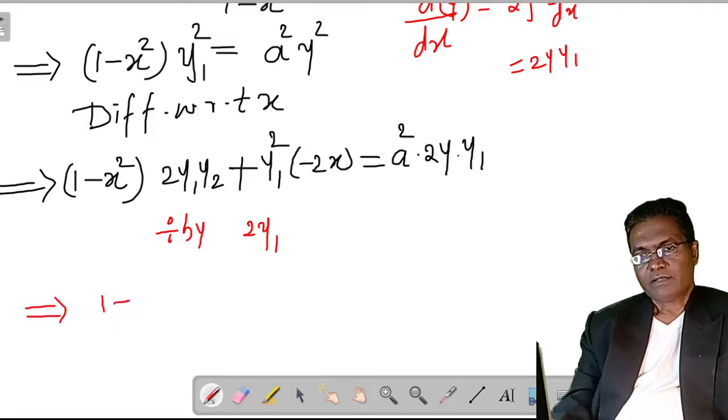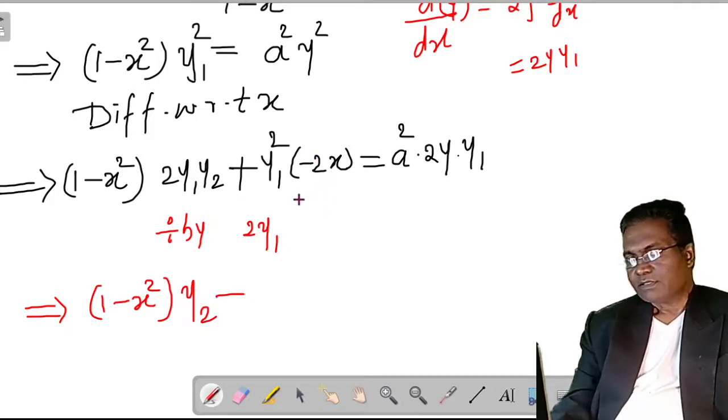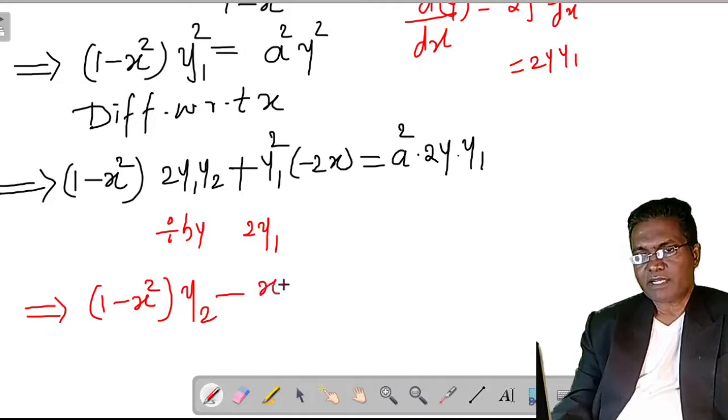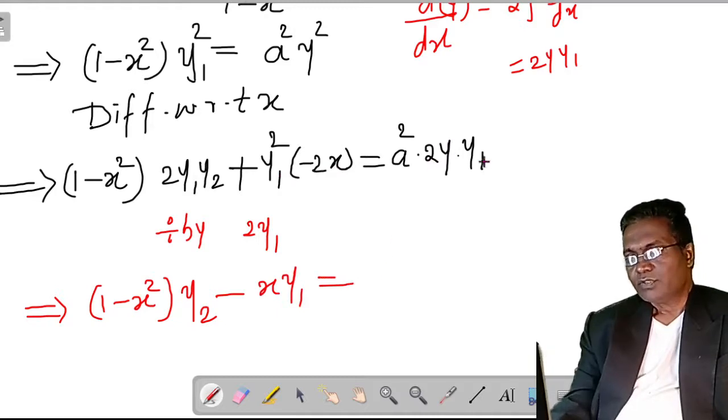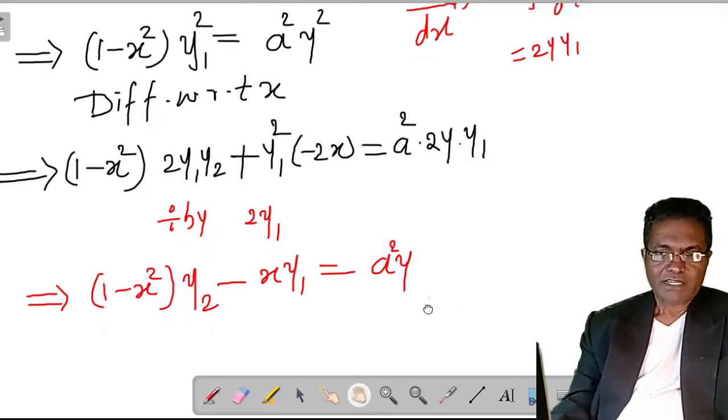So what will we get? 1 minus x square, 2 cancels, y1 cancels, y2 remains, minus, 1 cancel, y1 cancels and 2 cancels, so 1 y1 remains and x y1. So x remains and 1 y1 remains. On the other side, 2 cancels, y1 cancels, so you're left with a square 1. So this is your given result.